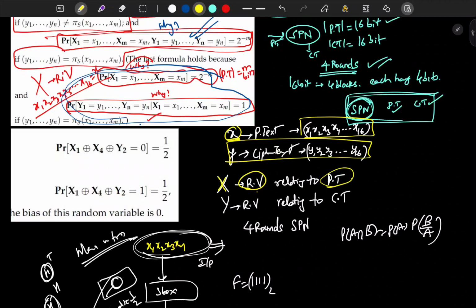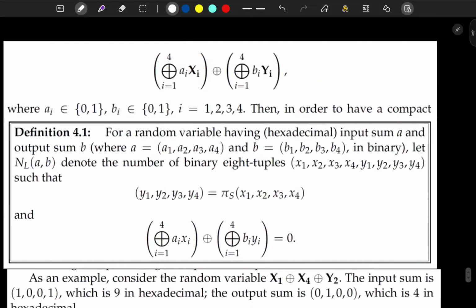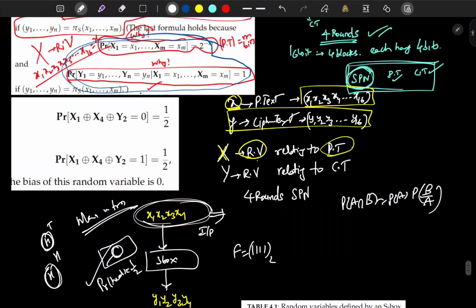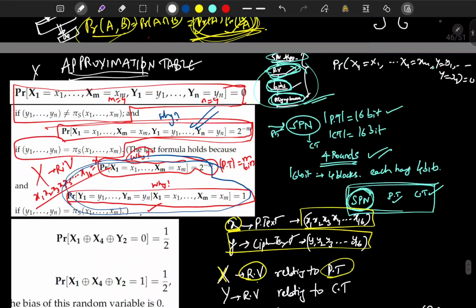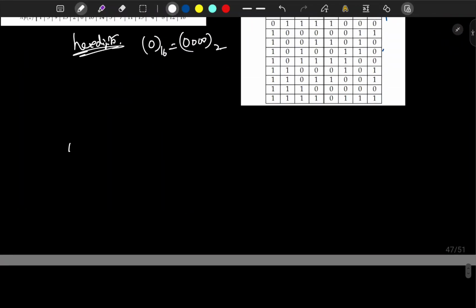Once you got this basic understanding, from this we can easily compute the bias of this one. By all these things we can easily compute the bias of this random variable.